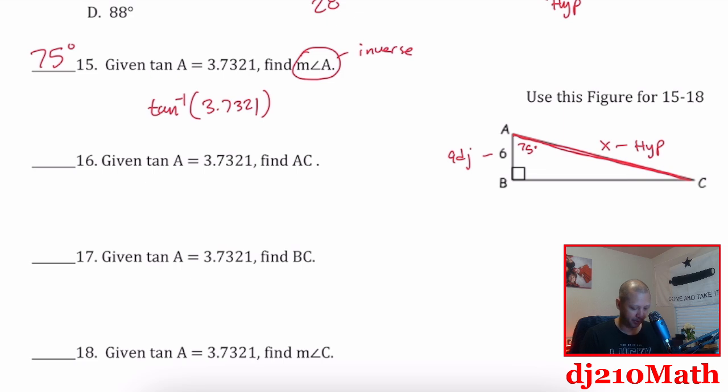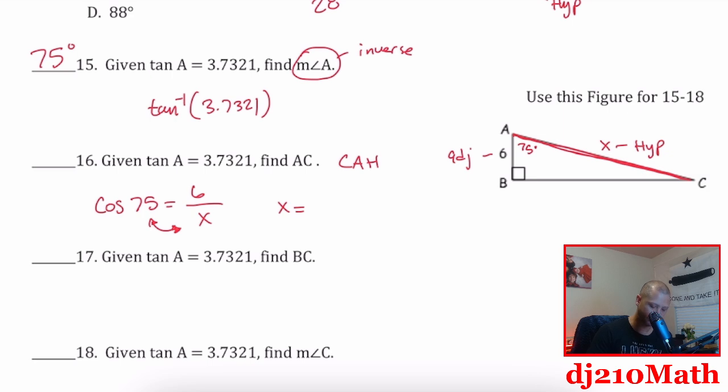Adjacent and hypotenuse, that's CAH. Cosine of 75 degrees is equal to adjacent 6 over hypotenuse. The variable's in the bottom, so we just switch these two.